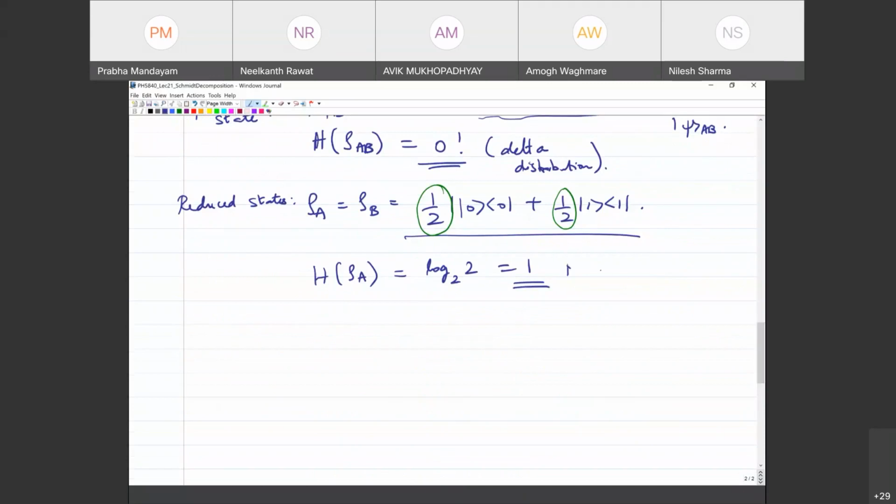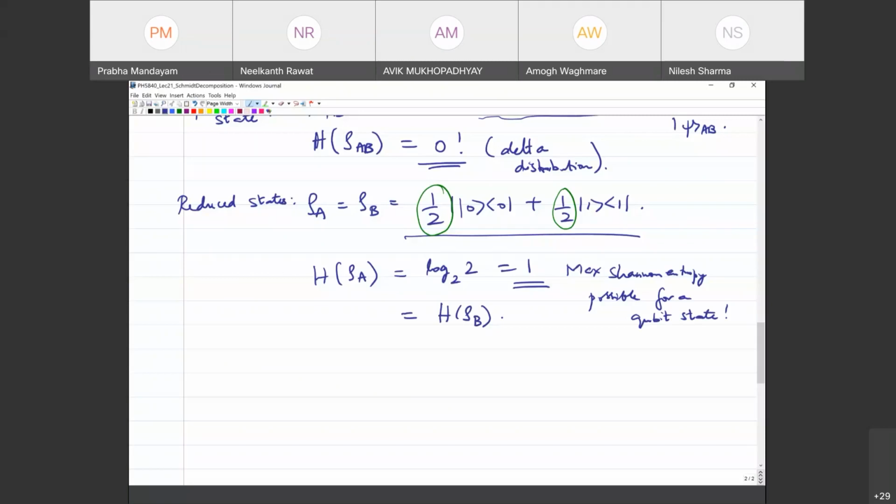This is the maximum Shannon entropy possible for a qubit state, right?